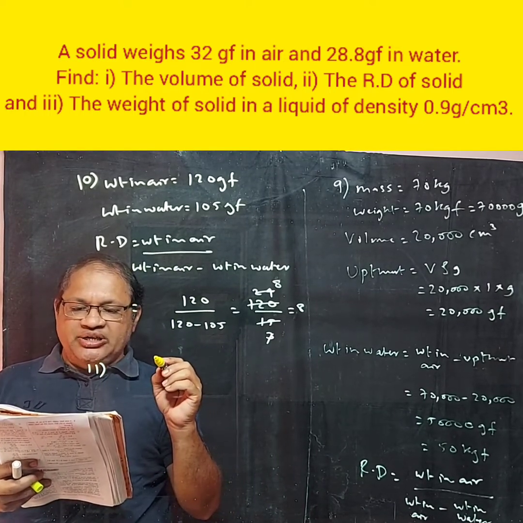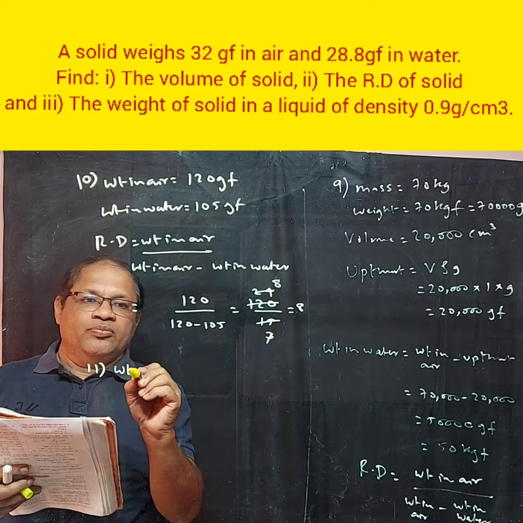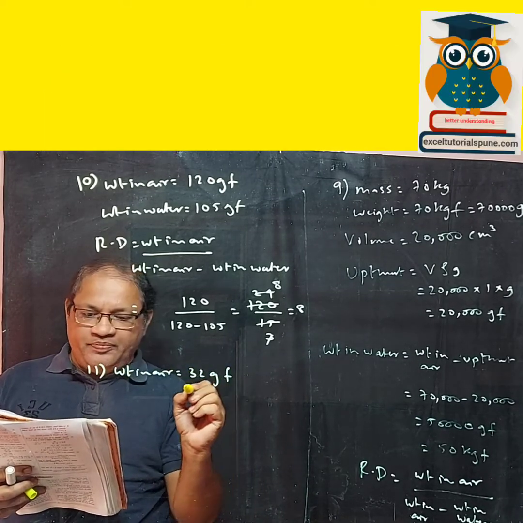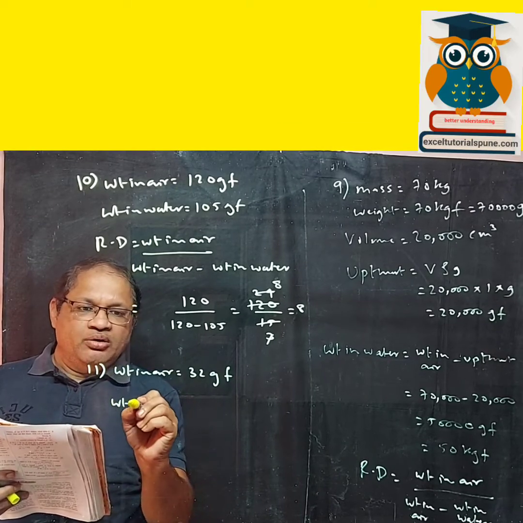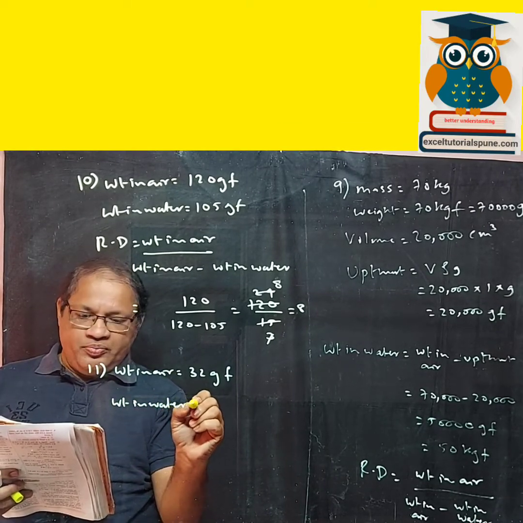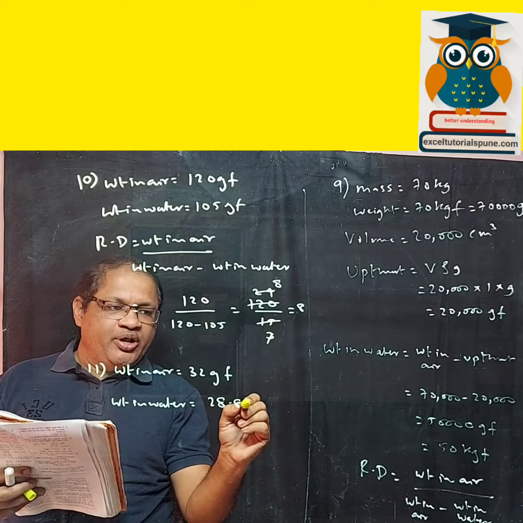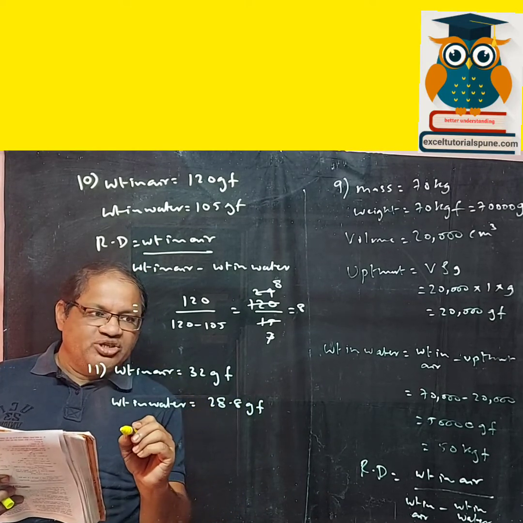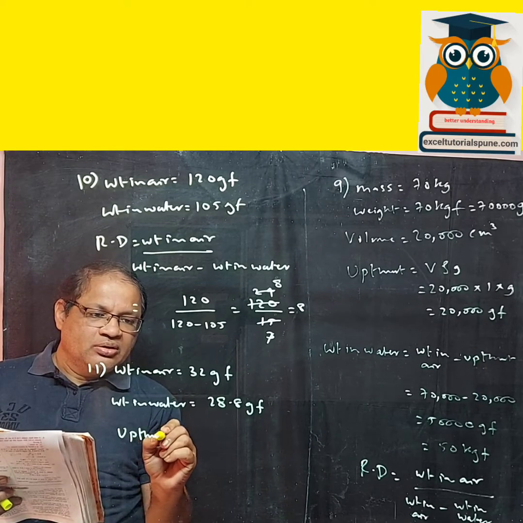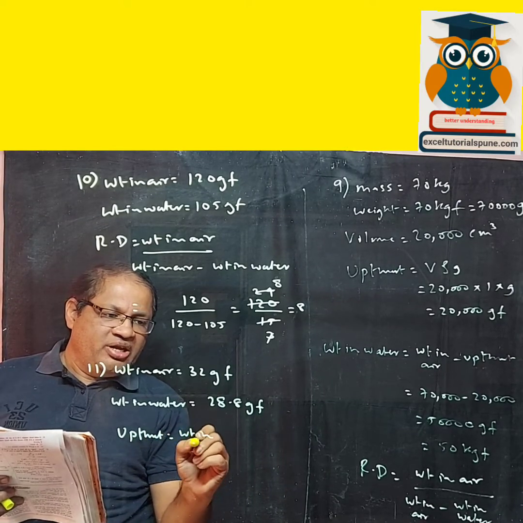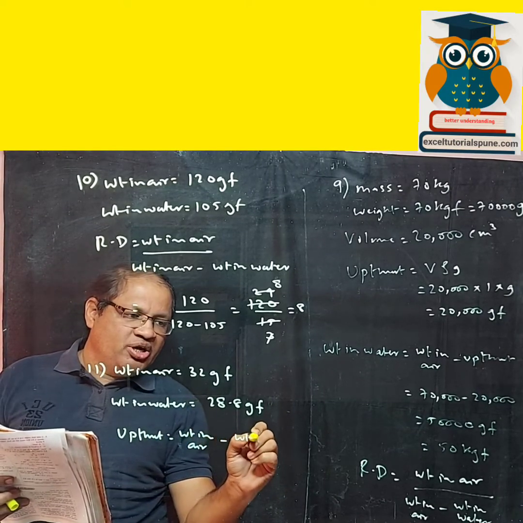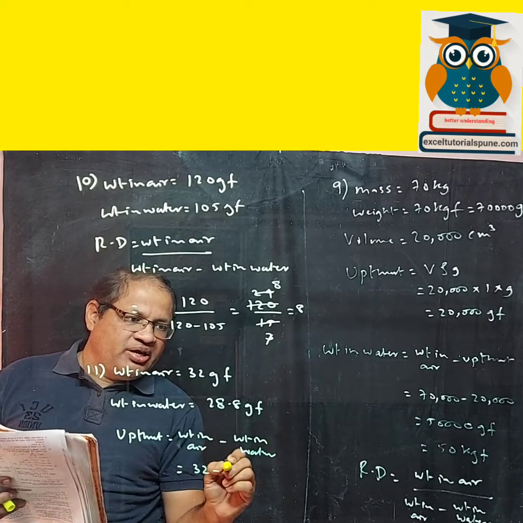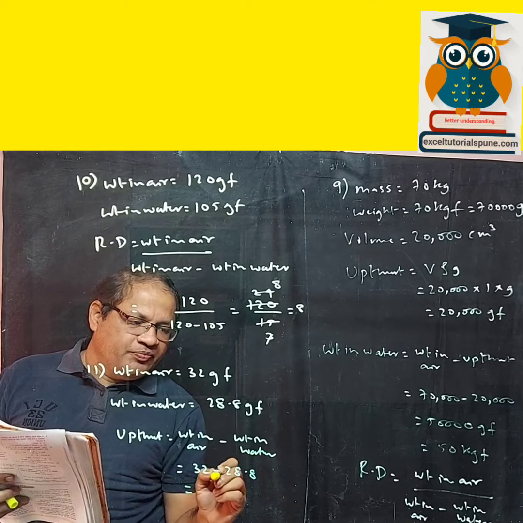So solid weighs 32 gf in air. Weight in air, that is 32 gf. Then weight in water is equal to 28.8 gf. Now they are asking volume. So first of all, upthrust. Weight in air minus weight in water, that is 32 minus 28.8.